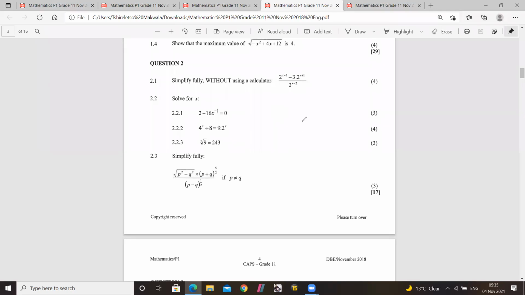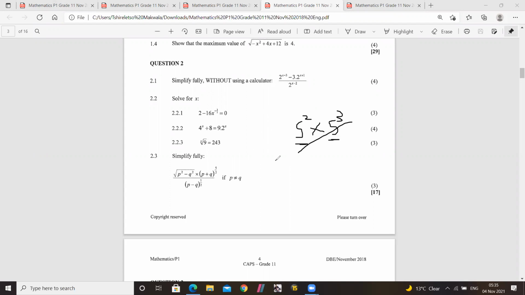You have something like 5 squared multiplied by 5 cubed. Do you see these have the same base, 5 and 5?